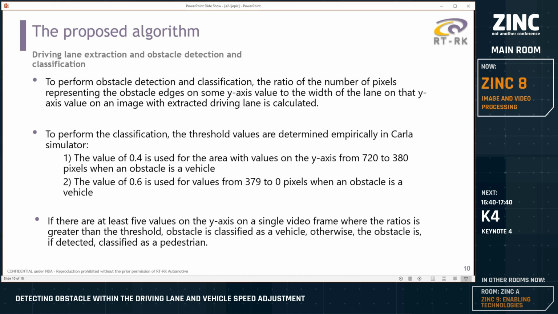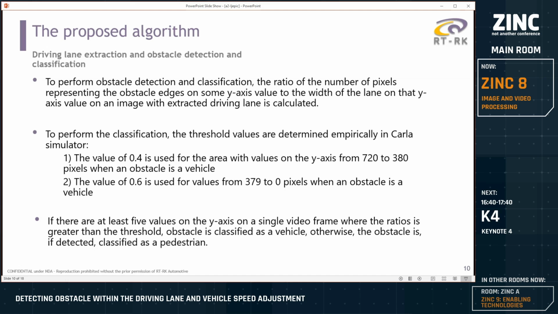To perform detection and classification, we measured the ratio of the number of pixels that represent the obstacle edges on some y-axis value, on some row of the image, to the width of the lane on that y-axis value on the image. When we have a vehicle, it will occupy a larger area in front of our vehicle in the driving lane. So we divided that area into two parts.